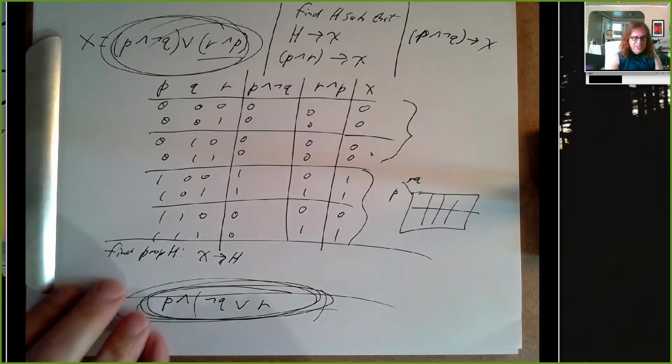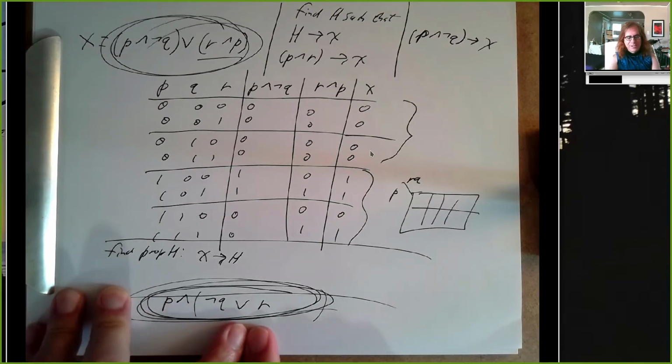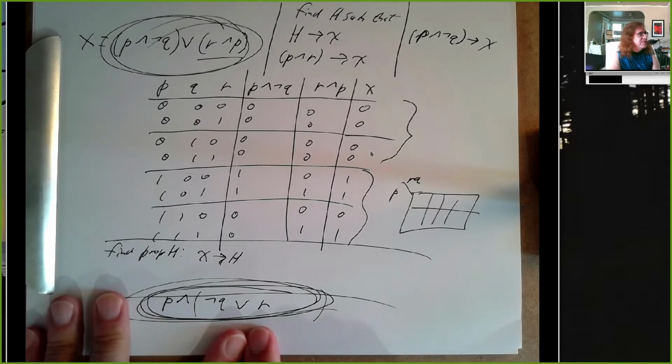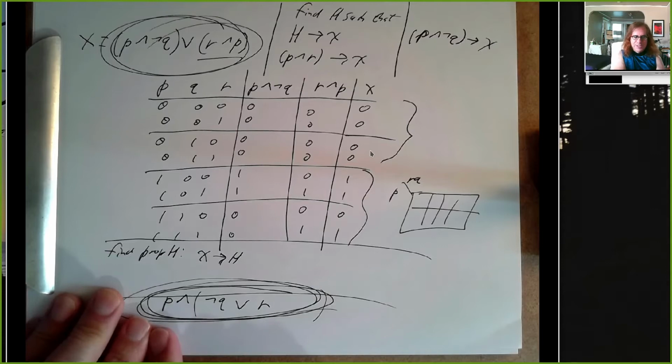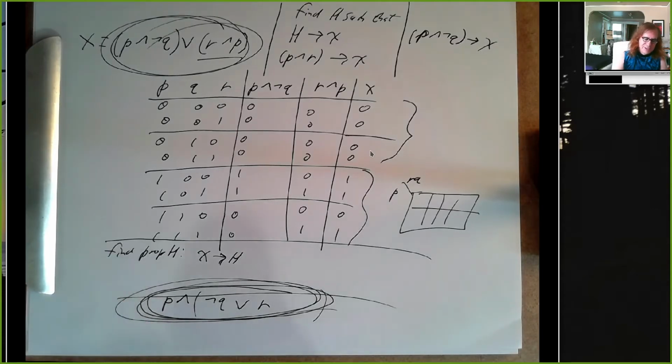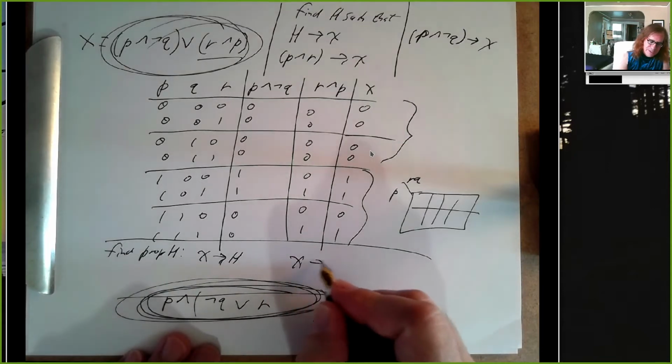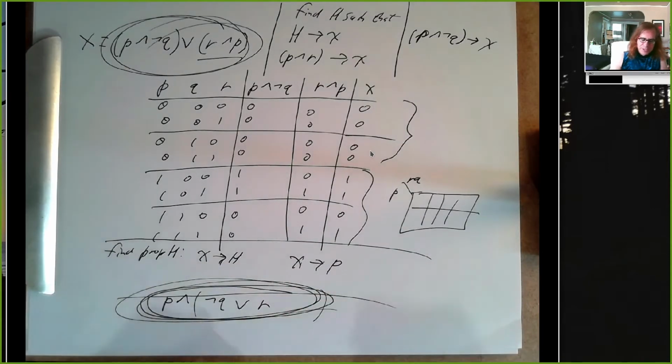Suppose I tell you it is sunny and blah blah blah. What can you conclude? What's a simple proposition you can conclude is true? You can conclude it is sunny. So if X is true, for example, we know P is true.